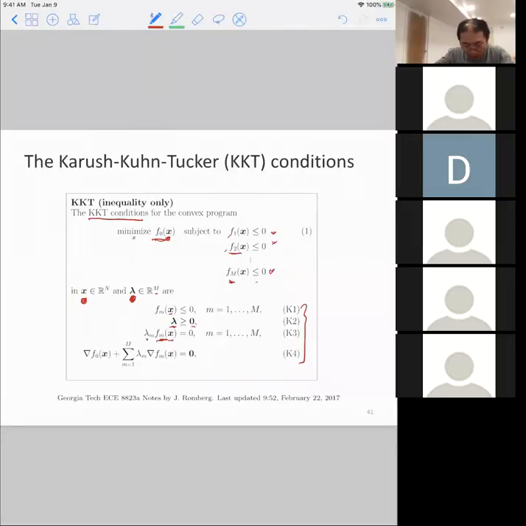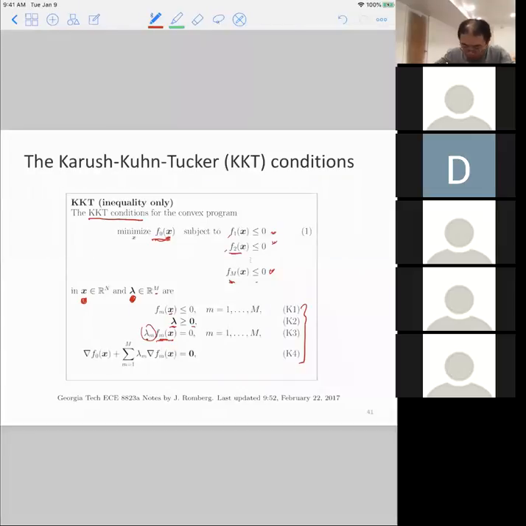If fm of x is non-zero, meaning x is in the interior region, then the multiplier lambda must be 0. This is called complementary slackness. Very important for us to analyze the properties of the solutions.